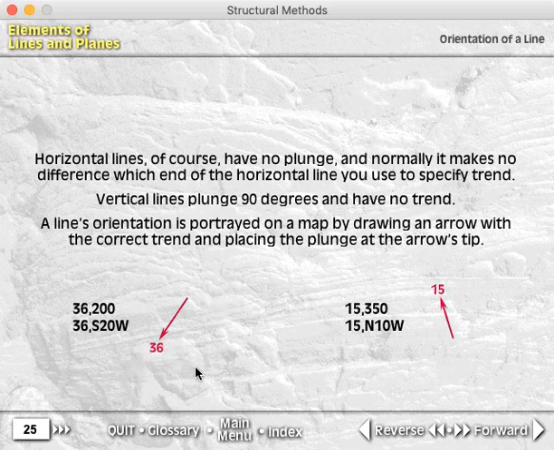This will be placed on a geological map. When I, as a geologist, look at this, I know direction of plunge and I know the angle of plunge. Same thing over here, other than the fact this one is plunging toward the northwest, in this case 350 degrees, or north 10 west, at an angle of 15 degrees. Again, write these down and practice. We are going to be doing this in lab.